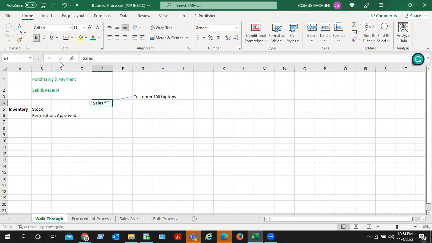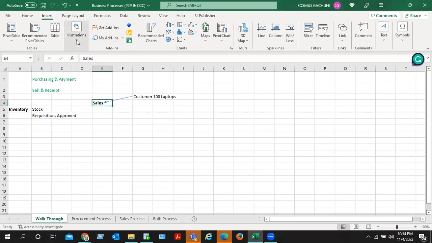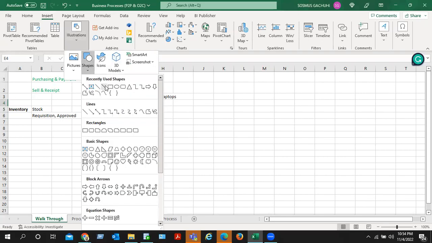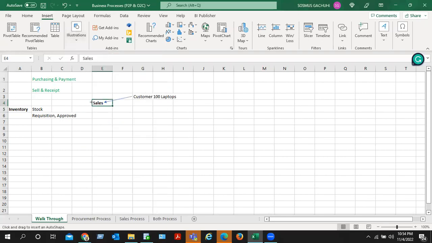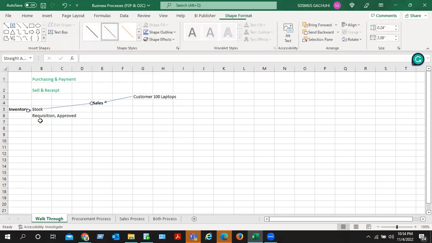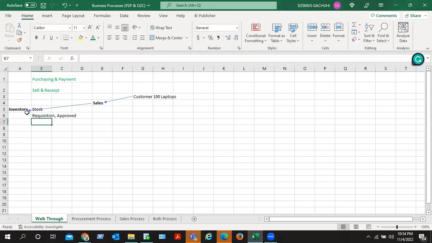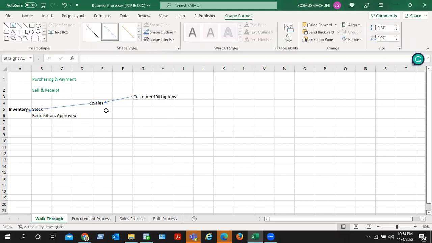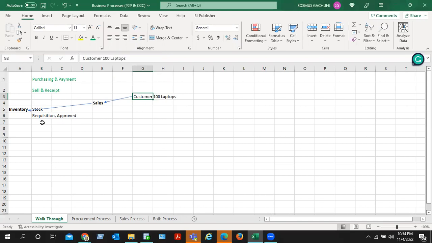And once the sales department receives a query or an intent by a customer to purchase, they will contact the inventory department. The inventory department will confirm whether they have these 100 laptops, so that sales can be able to sell to this customer.